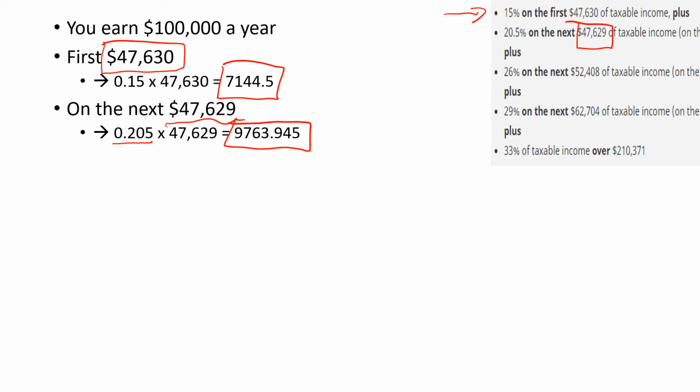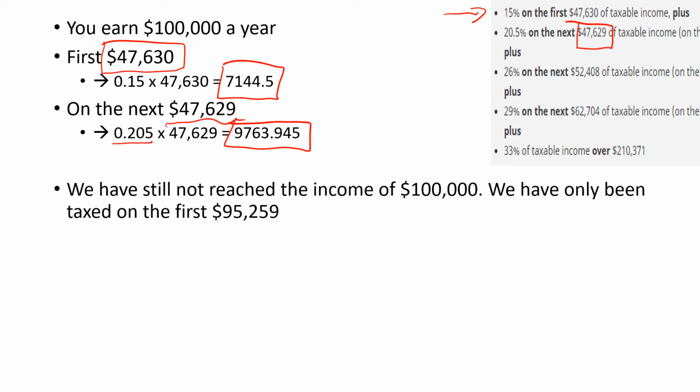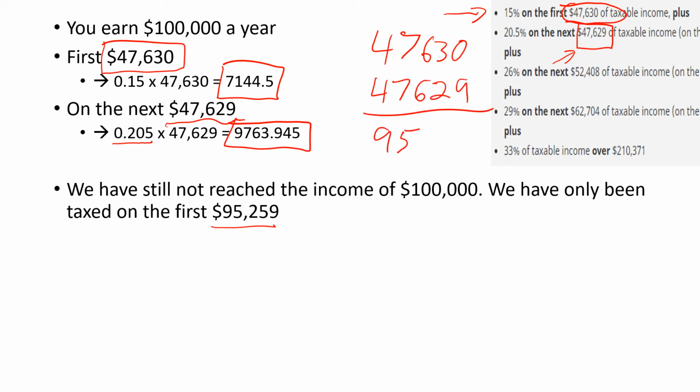But we still have not reached our $100,000 income. We've only been taxed on the first $95,259. And if you want to know how I got this number right here, you simply just add the first $47,630 plus the second chunk of money, which is $47,629, you get $95,259.